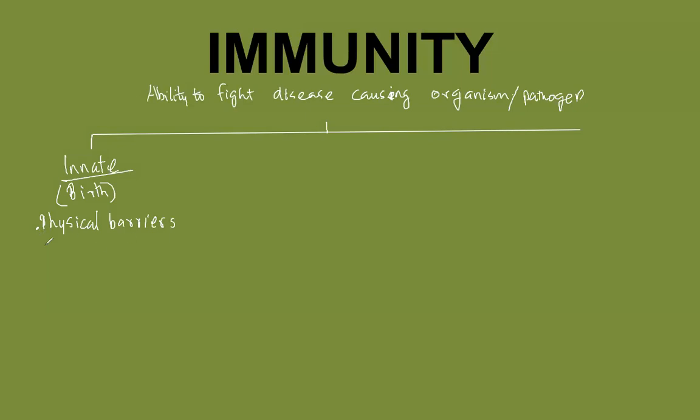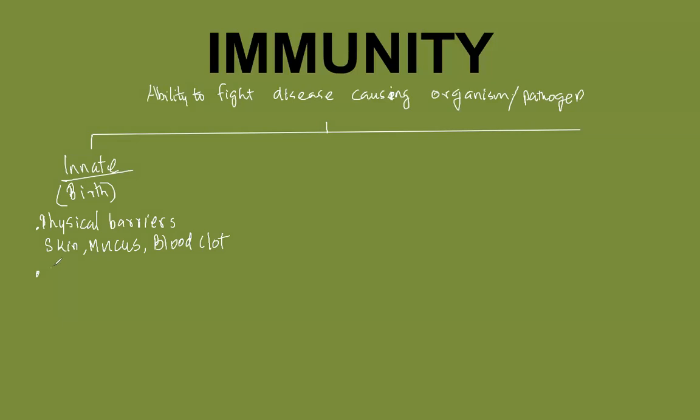What are physical barriers? Like skin is a physical barrier. It physically stops the bacteria from entering the body. Mucus is another, mucus lining in the nasal cavity, in the trachea. These are physical barriers. And even blood clot is a physical barrier.